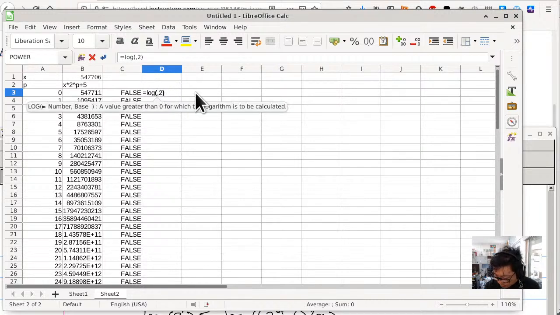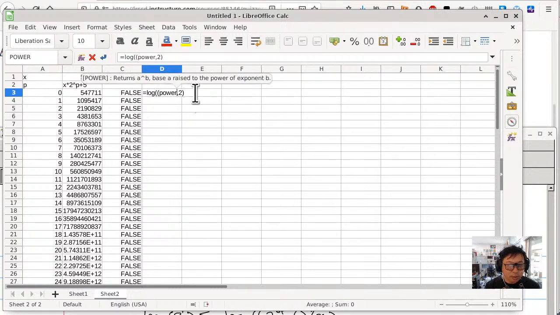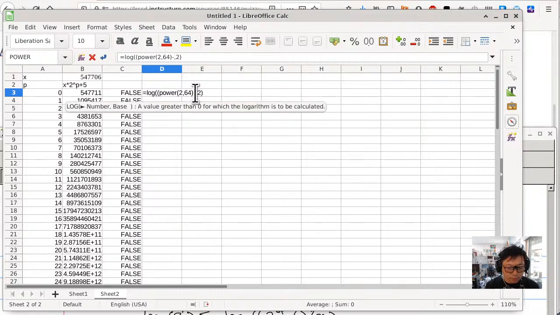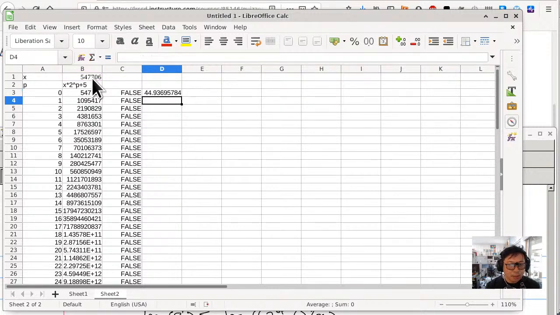So now we specify what goes inside this. We've got 2 to the power of 64, the whole thing minus 6, and then divided by the constant that we have, which is x, and I can just refer to B1 in this case, and it gives us 44.93 and so on, and the floor of this is just 44.